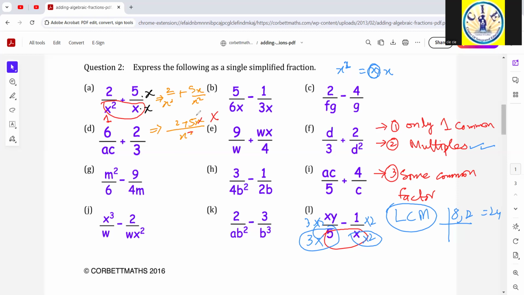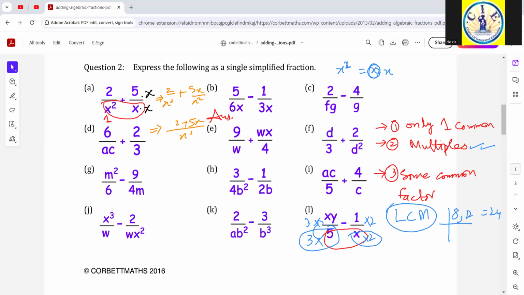The reason being, the 5x is first of all being added in the numerator with the 2 as well. So first you need to make it a single numerator, then you can cancel. So this cancellation cannot take place, so this is going to be your answer.